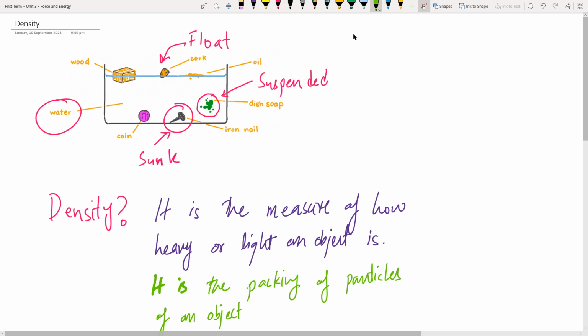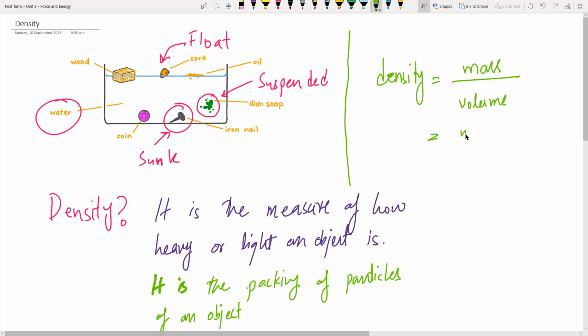So what is density? We define density by a very simple formula. Density is equal to how much mass an object has and how much volume or space it occupies. We do know that the unit for mass that we use for lab scales is grams, and for volume we are going to be using centimeter cube.